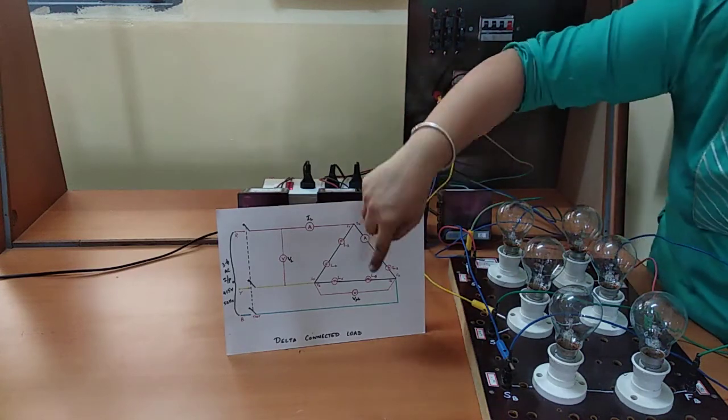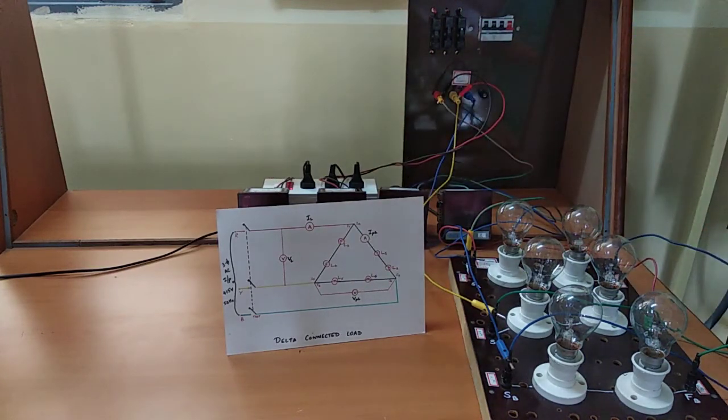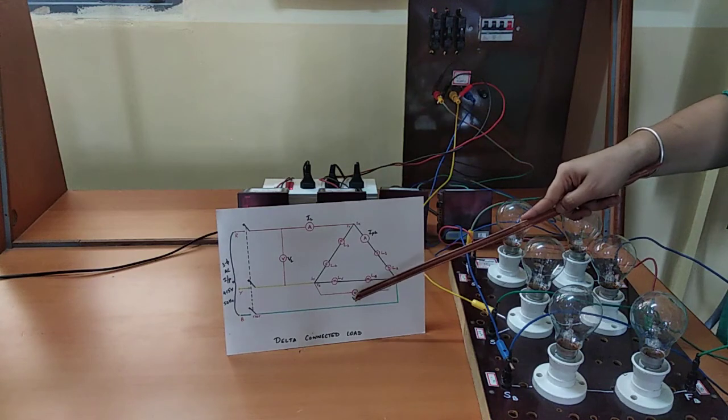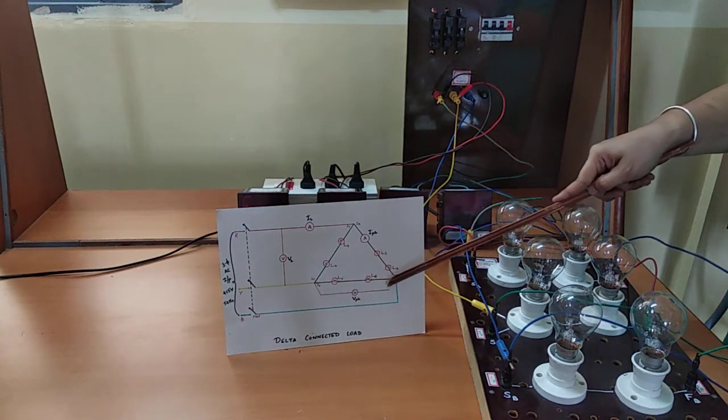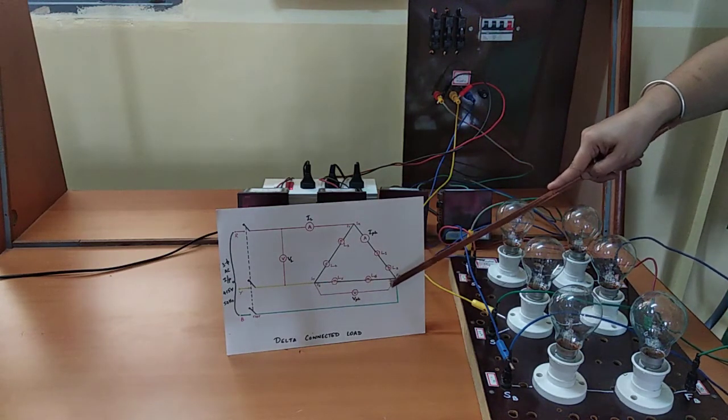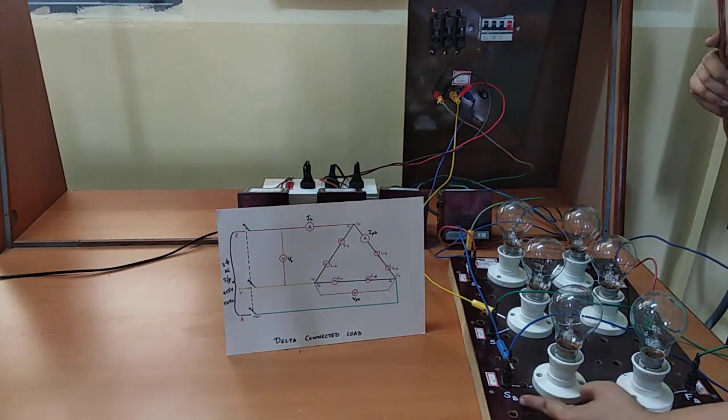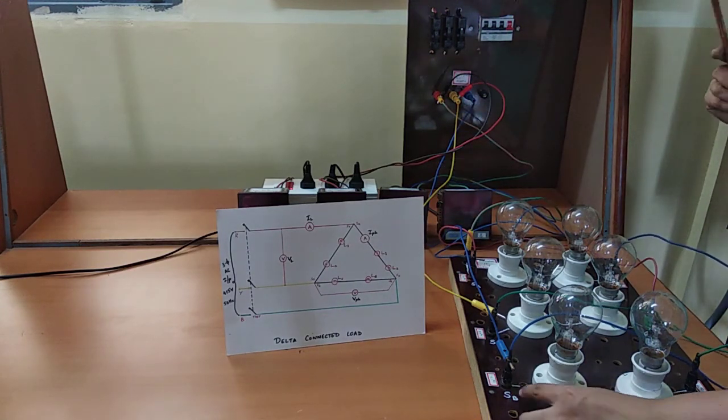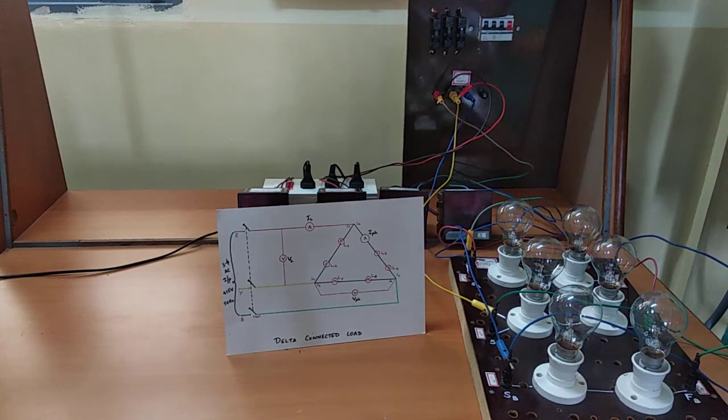Then we have another voltmeter as indicated in the circuit. Another voltmeter is connected in the B load, isn't it, between SB and FB. So this is the B phase and we are connecting a voltmeter across these two points.